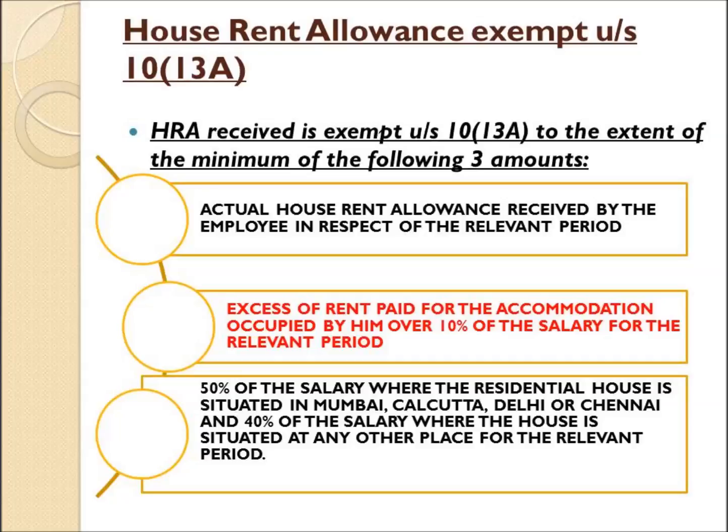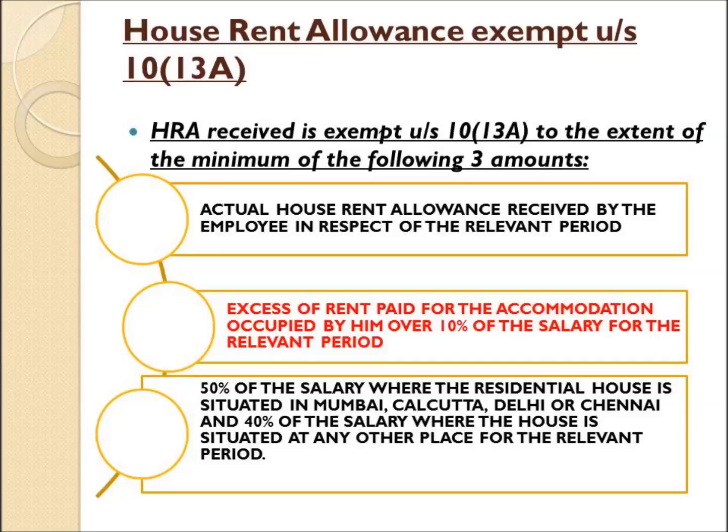And last, number 3 is 50% of the salary where the residential house is situated in Mumbai, Calcutta, Delhi or Chennai, that is the metros, and 40% of the salary where the house is situated at any other place for the relevant period. So the minimum of these three amounts will be exempted under section 10 subsection 13A.